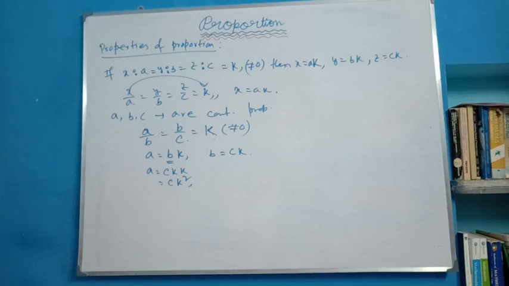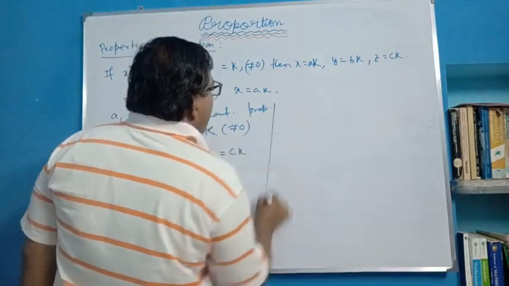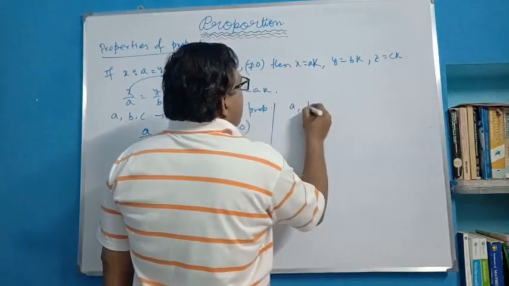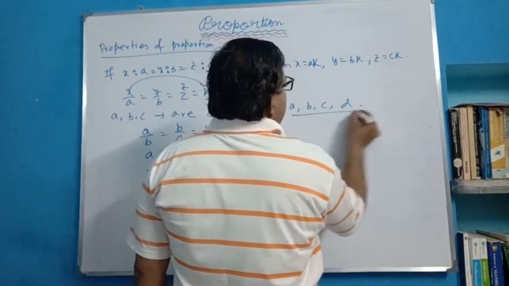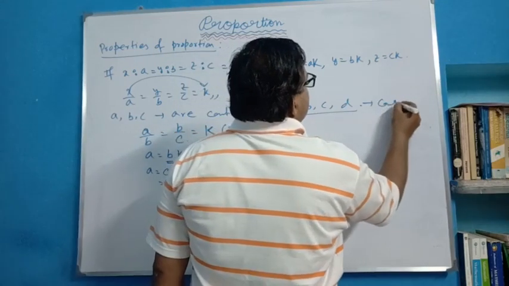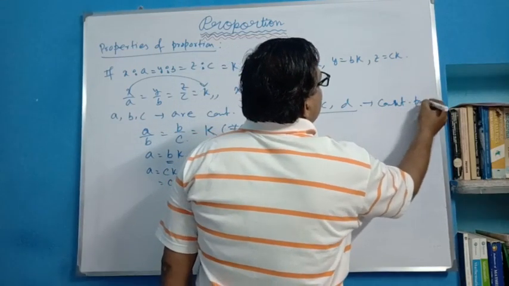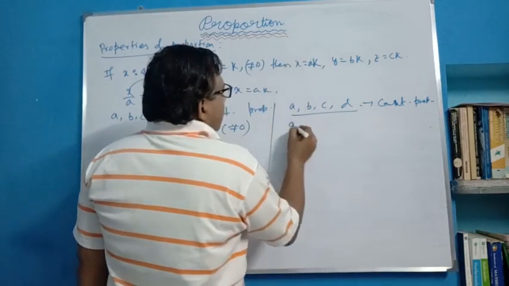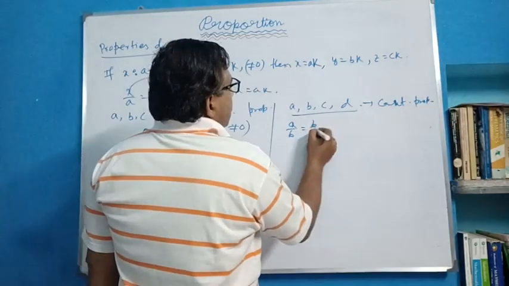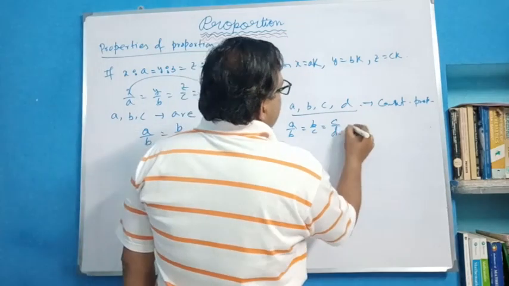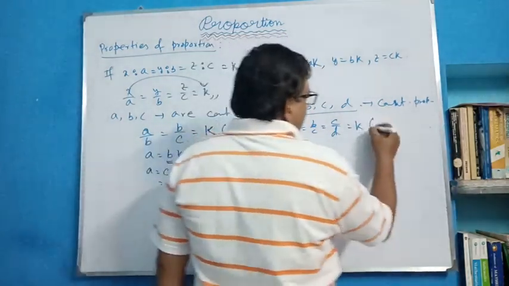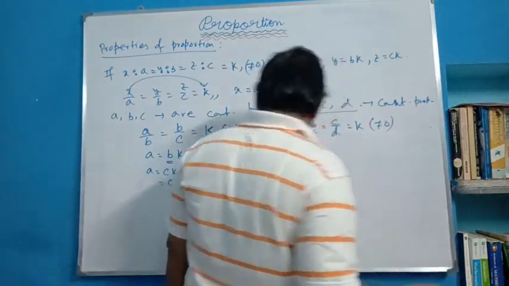Now if A, B, C and D are in continued proportion, then we can conclude A by B is equal to B by C is equal to C by D is equal to some constant k. Obviously it is non-zero.